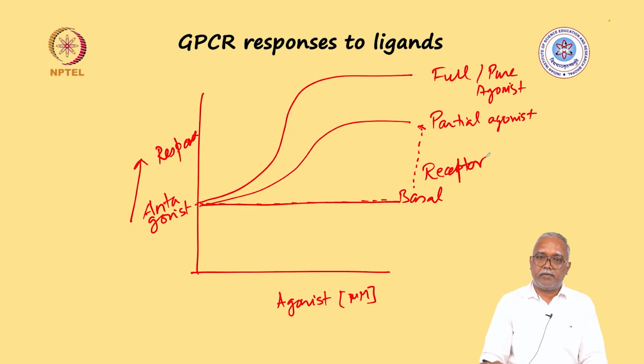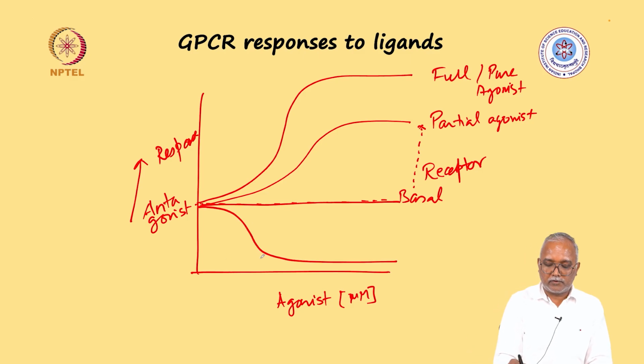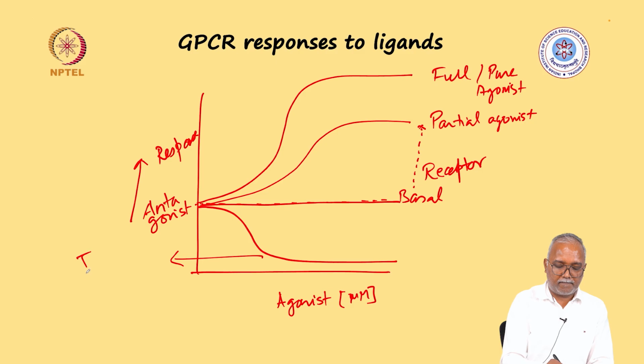So your antagonist is ensuring that this basal activity level, or if there was no activity, it comes back to that level. What inverse agonist does is that this basal activity is brought down further below. So this will be done by inverse agonist.